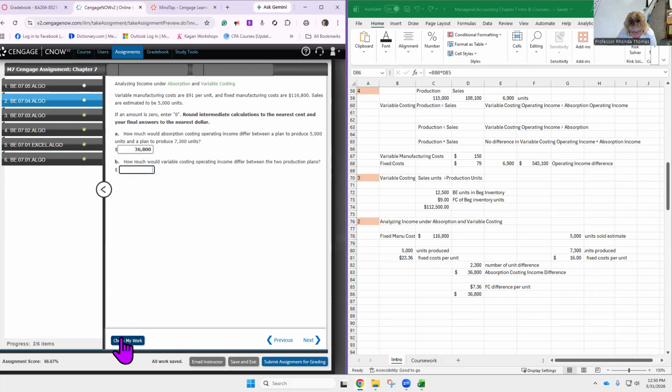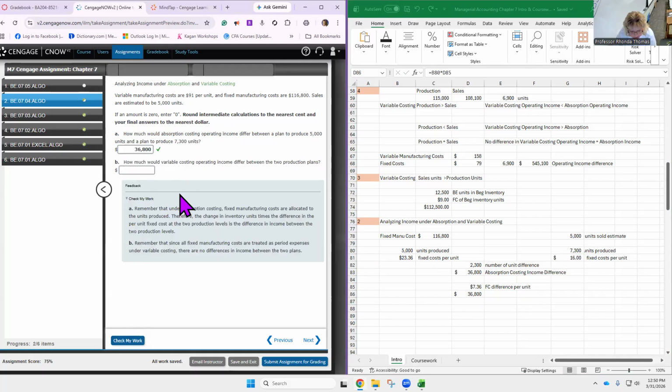And if you're looking at variable costing operating income difference between the two production plans, there is no difference. Okay, no difference in variable costing.